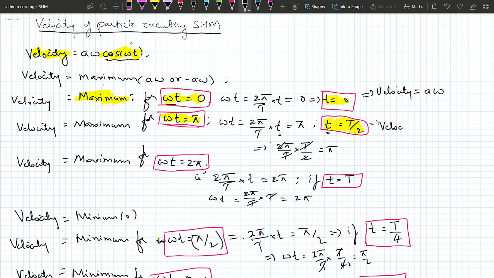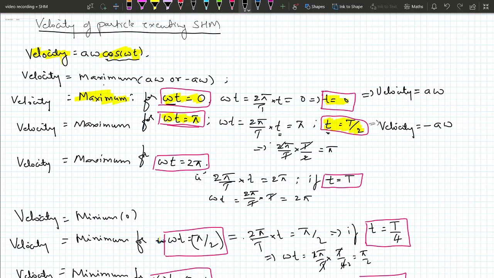For this condition, the velocity will be equal to minus A omega, because cos pi is minus 1. You can check it.